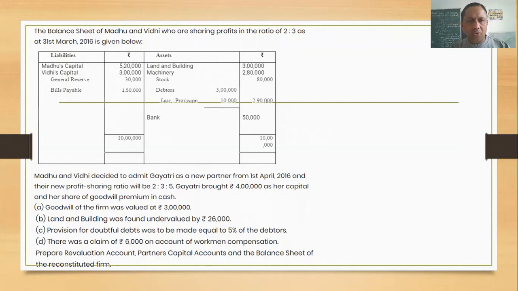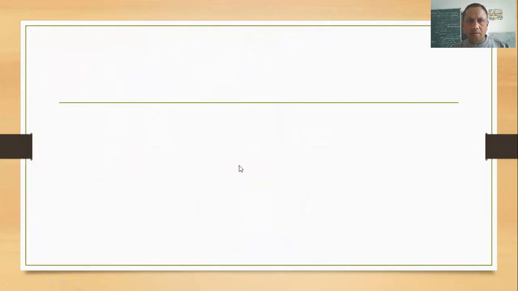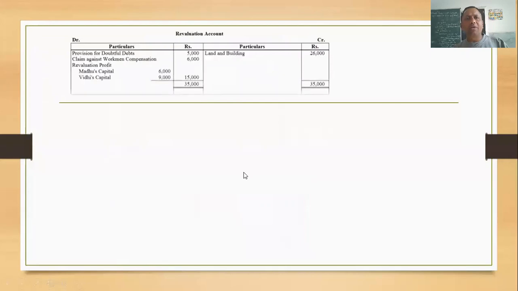So we show how we prepare a revaluation account. This is the revaluation account, in which, as we discussed earlier, we see which items are debited and which are credited.